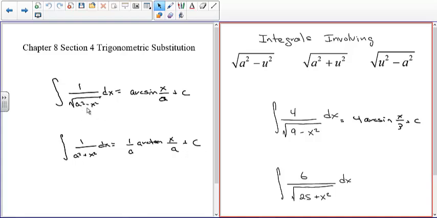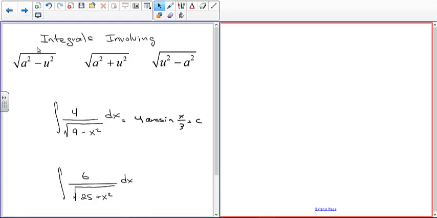Therefore, a squared minus x squared has to be a positive quantity. They look like variations of the Pythagorean theorem. So when we use the Pythagorean theorem, we use triangles. It shouldn't be a huge surprise. So what we're going to do first is look at this first variation, and we'll look at each one of them.